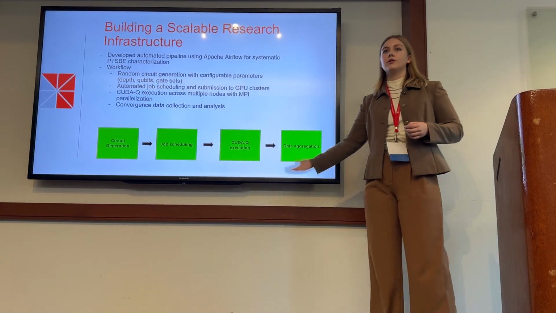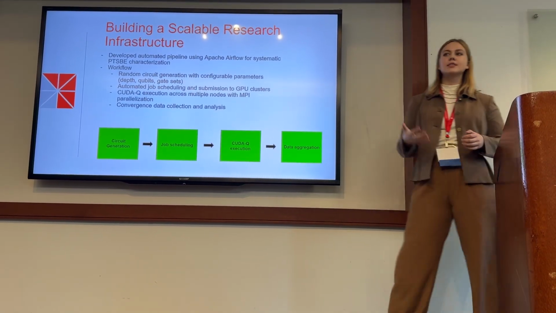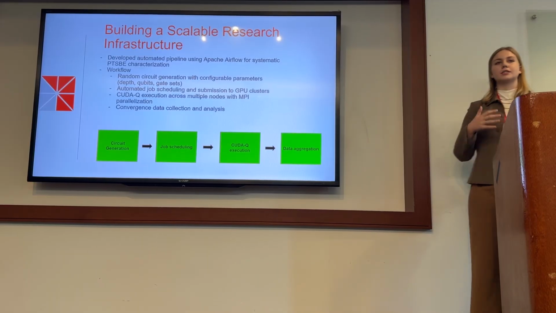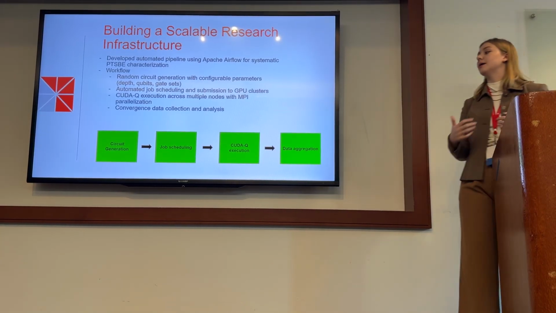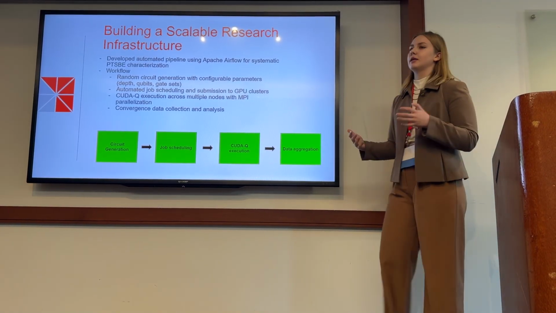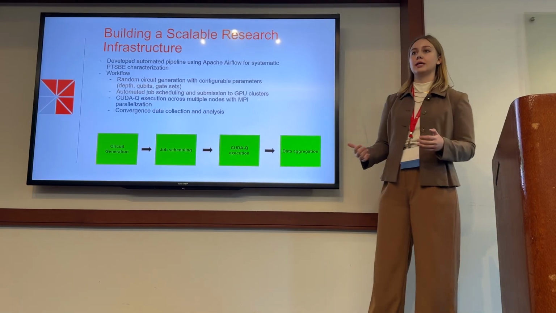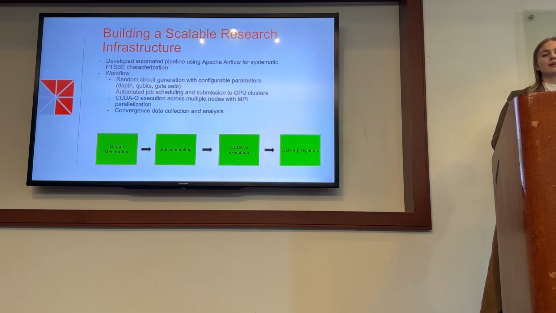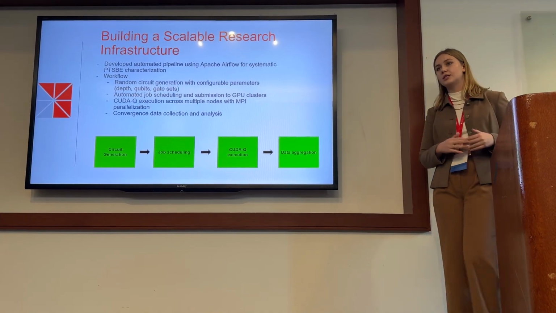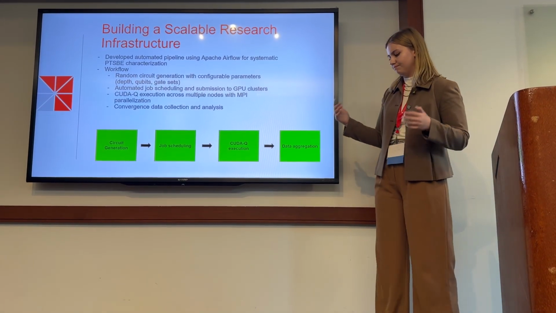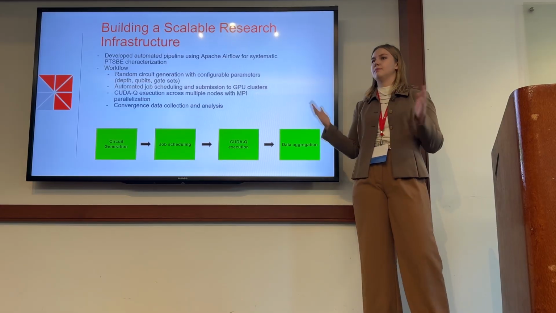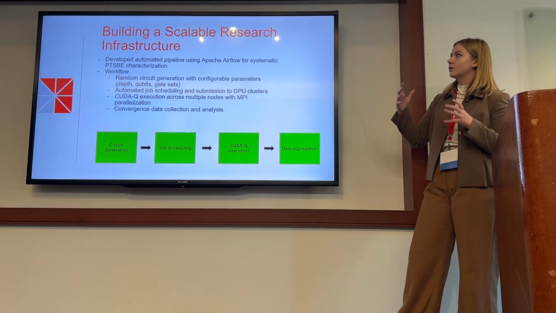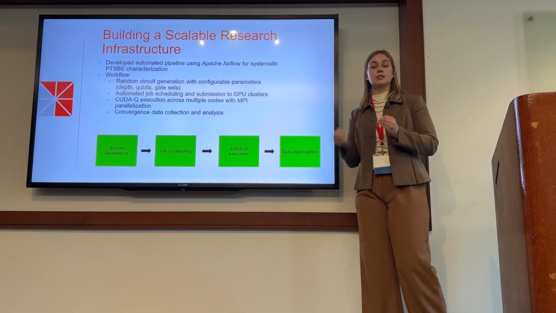Then we are looking at CUDA-Q execution. This is where all of our programs get to run on nodes using MPI parallelization, and essentially we get to use many GPUs simultaneously to run our program. Finally, we have data aggregation. This collects all of our simulation data and our convergence results and then puts them into analysis. The really big key here is that this is automated.